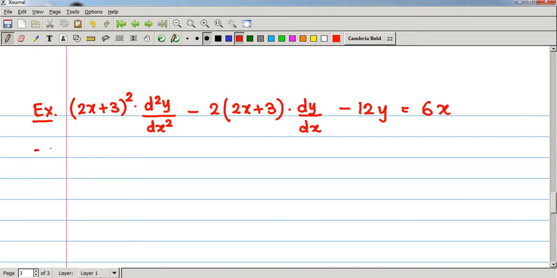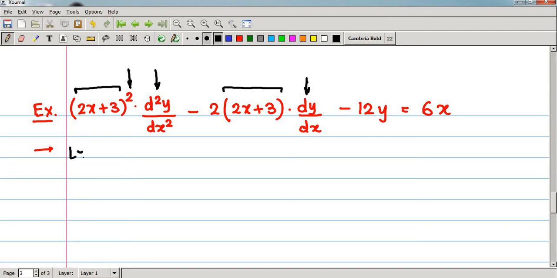So this is the given differential equation. Now we consider whether it is in the standard Legendre's differential equation form or not. First, the variable coefficient is 2x plus 3. It has degree 2 when the derivative is of order 2. In the next term, 2x plus 3 has degree 1 when the derivative is of order 1. So it is in the standard Legendre's differential equation form.